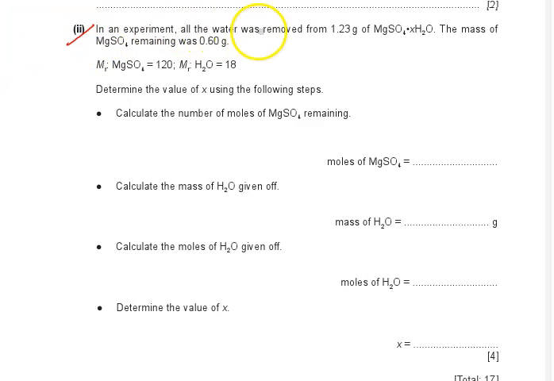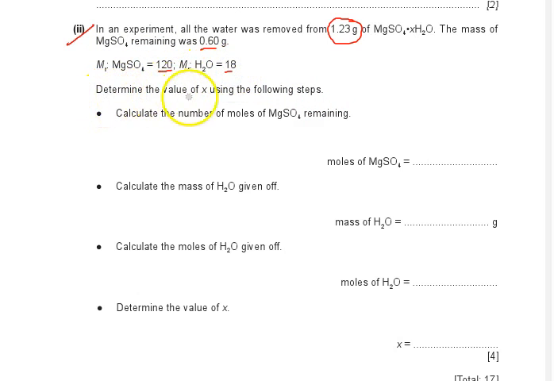In an experiment, all the water was removed from 1.23 gram of hydrated magnesium sulfate. The mass of magnesium sulfate remaining was 0.6. Here is the RMM.